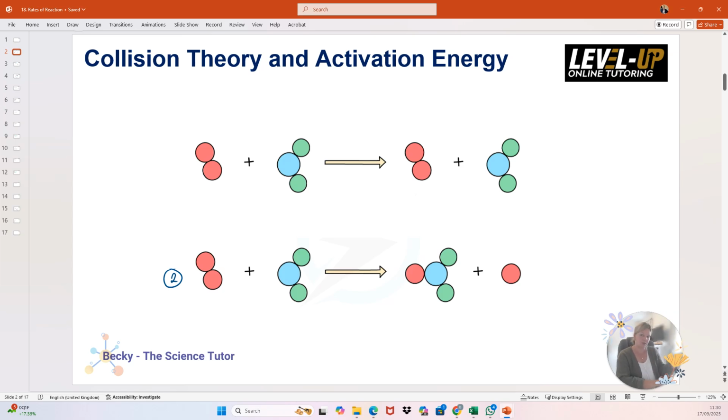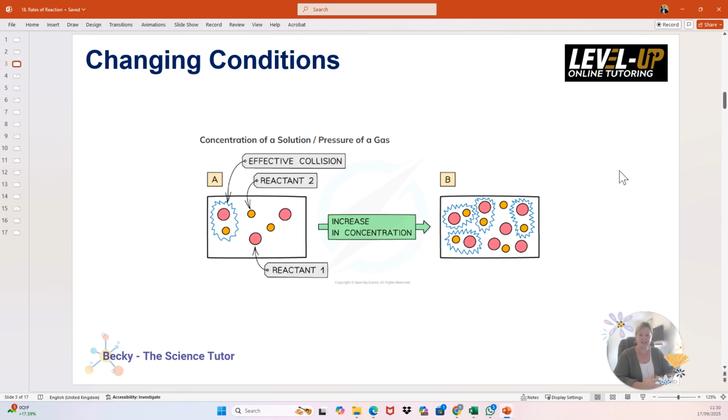And if you've watched the previous video on endothermic and exothermic reactions, you know that we've got to put that energy in first, that activation energy, to break those bonds to then reform and make our different products.